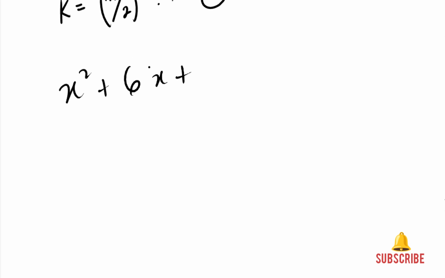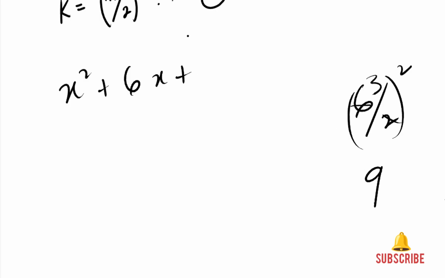That means for me to get what will make this a perfect square, I will need to pick out this, divide it by 2 and square it. I have to do 6 over 2 all squared. Then we have 2 in 6 is 3. 3 raised to power 2 is 9. Therefore, I need to add 9 to this.